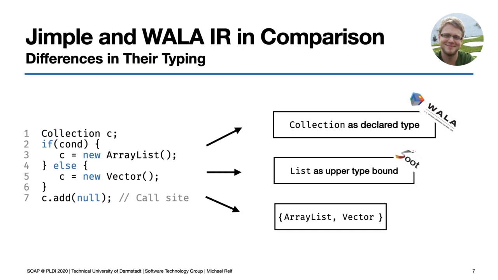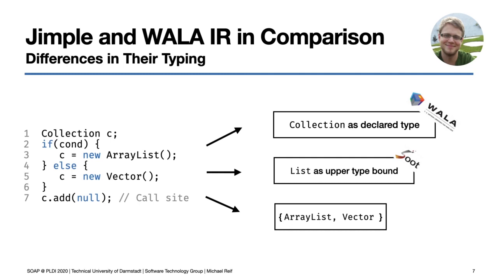What WALA's IR is capturing here is only the declared type of the collection. So in line 7, when we would consider a class hierarchy analysis call graph, WALA would consider all subtypes of collection as viable targets. Soot does a bit more optimization here, as it computes the upper type bound of c from both branches, which basically looks for a common supertype of array list and vector, which in that case is list.